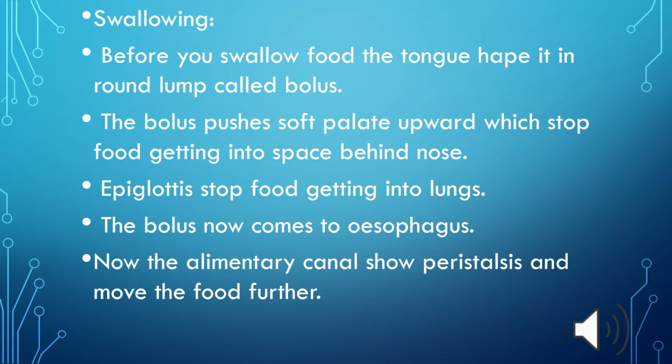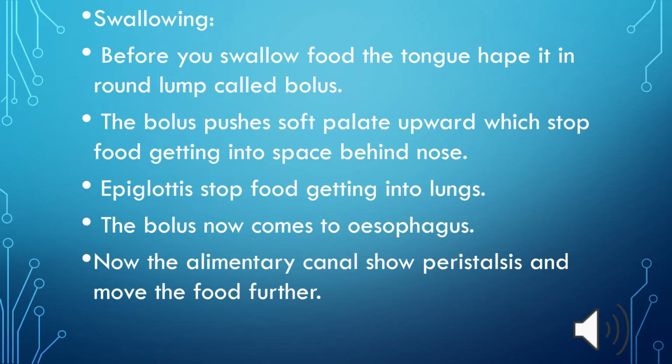The tongue also helps to grind food in between our teeth. After this, food is turned into a ball shape called bolus. Now the bolus pushes the soft palate upward.